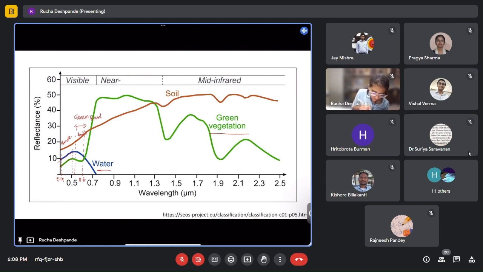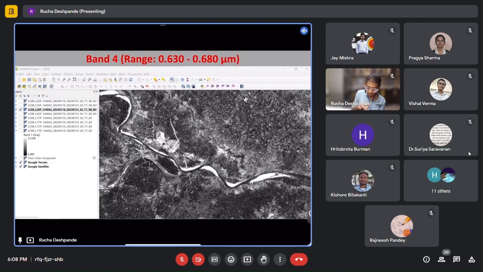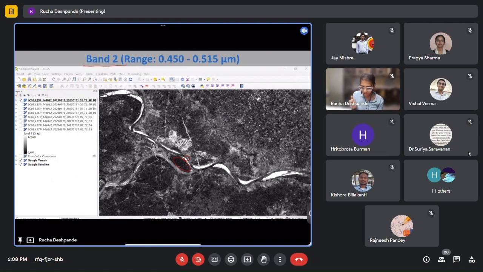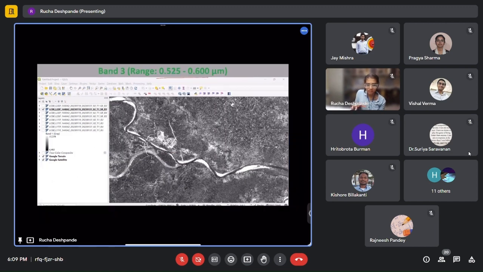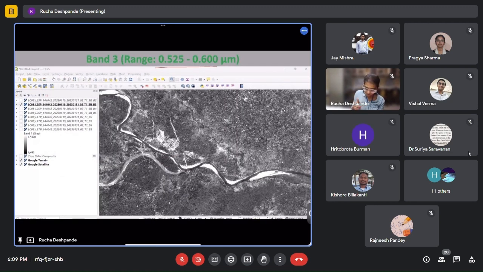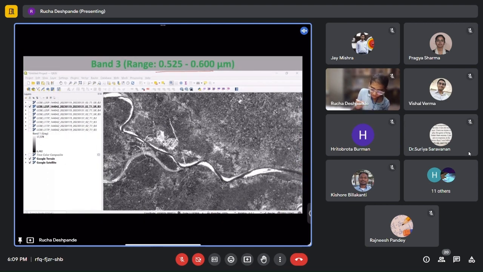In this range also we see that water has slightly higher reflectance than vegetation, and the difference between both of them is not as much. So both the images would appear almost similar, and the contrast between the water pixels and the vegetation pixels is very less in this image as well. So this is band 3.